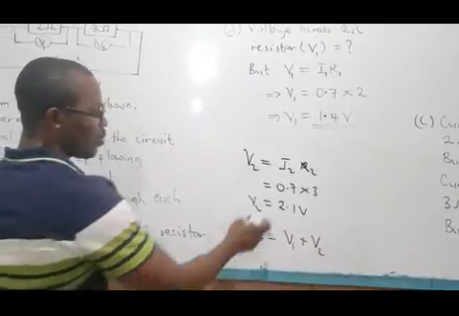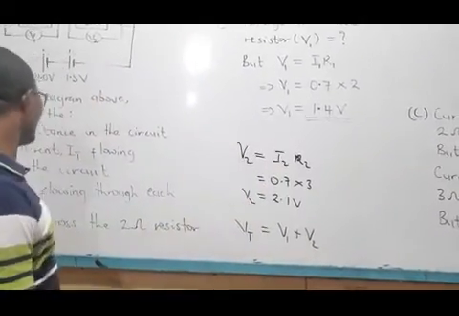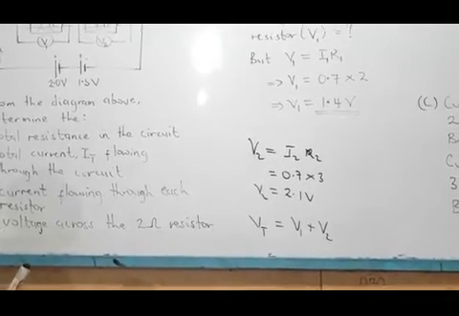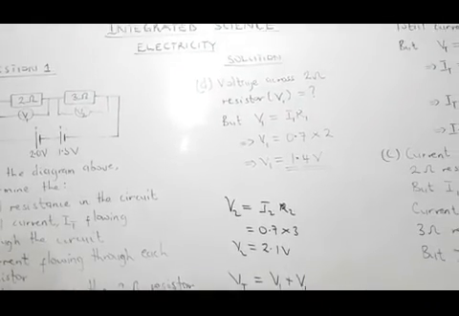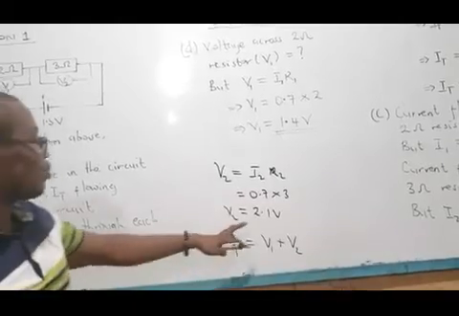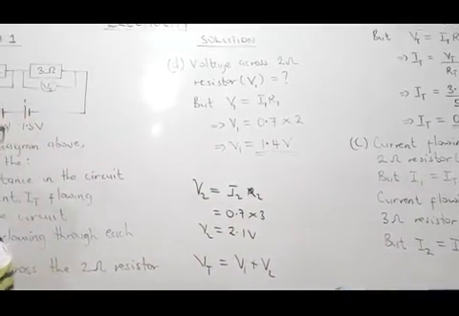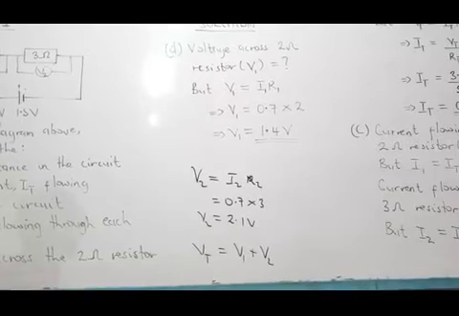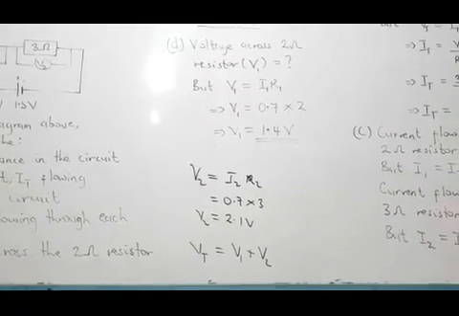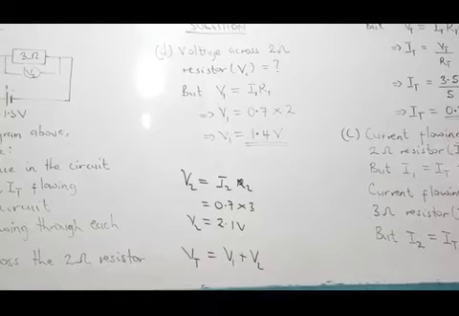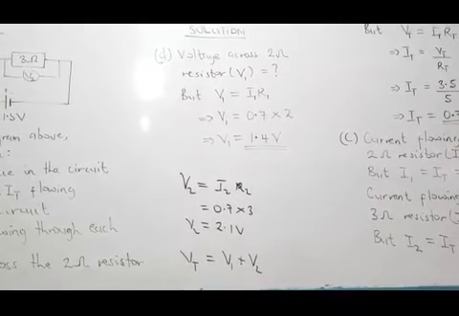So if you add this one and this, it should give you the total voltage that we determined earlier on as 3.5. So if you add this 2.1 plus the 1.4, that will give you 3.5. Okay, so that ends the solution to question 1.